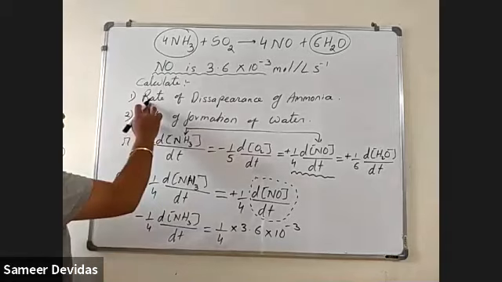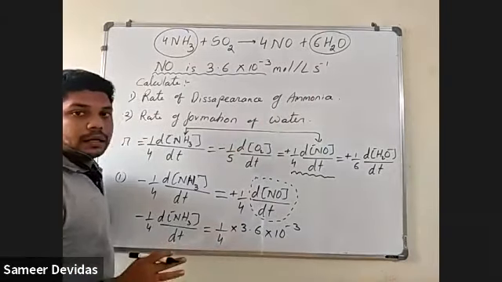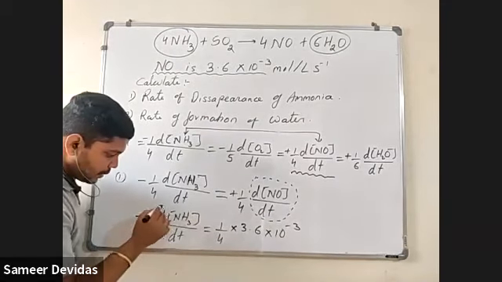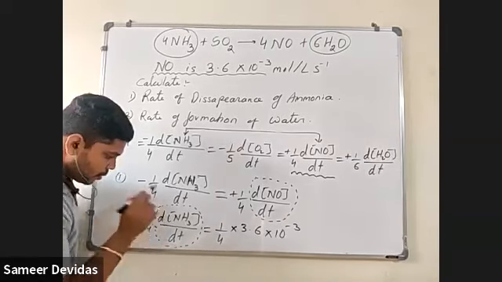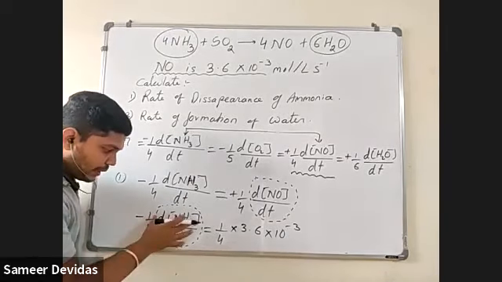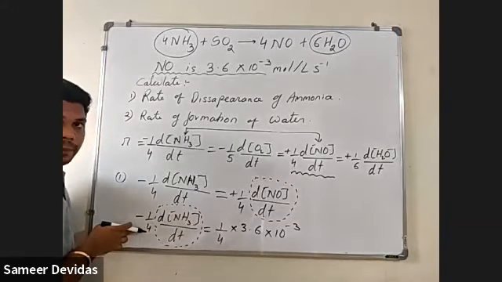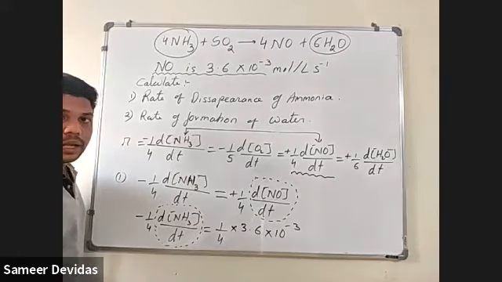Now, what they told us to find is the rate of disappearance of ammonia. Rate of disappearance of ammonia means which particular entity? This entity. On the left-hand side, only this is there or something else is also there? Minus 1 upon 4 is also there, yes or no? Yes, sir. So this 1 upon 4 we have to take to the other side.